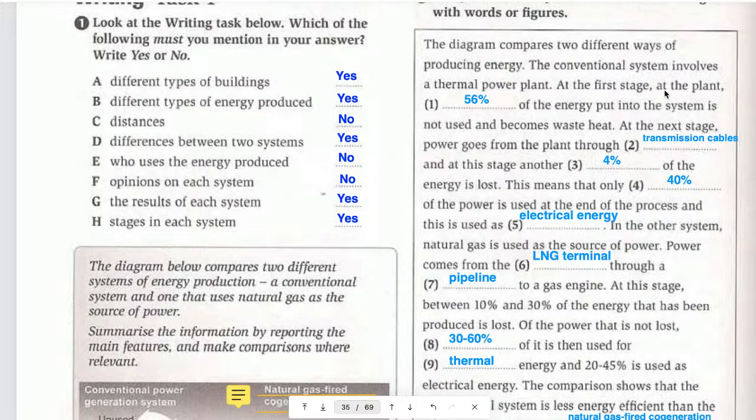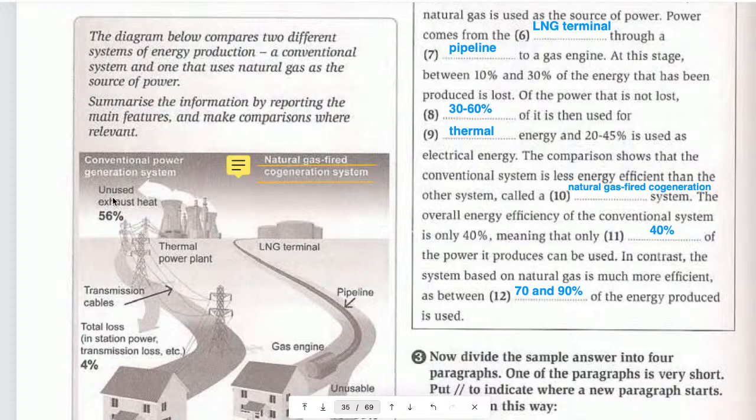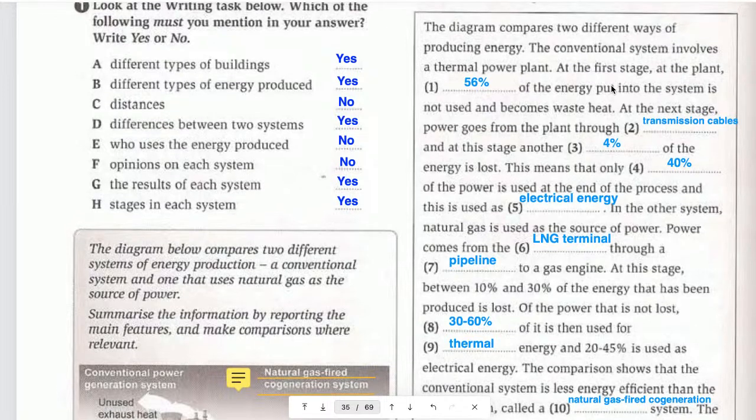At the first stage, at the plant, 56% of the energy put into the system is not used and becomes waste heat. Do you see that number? They mention unused exhaust heat, 56%. So that's why here they mention at the first stage, at the plant, 56% of the energy put into the system is not used and becomes waste heat. Now tell me, which tense is this?